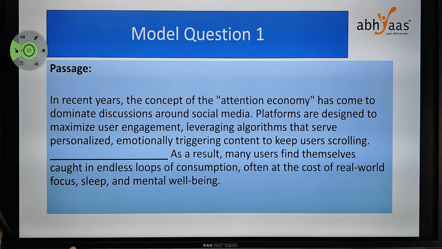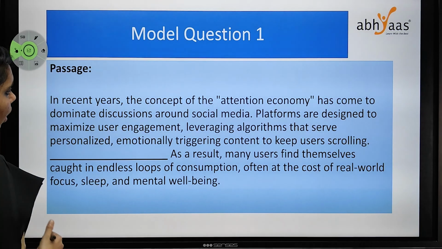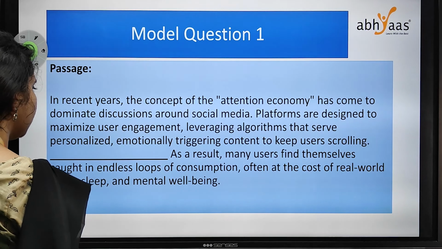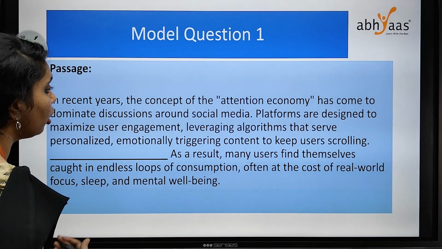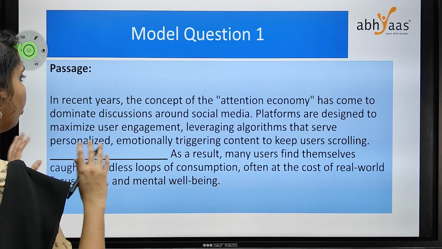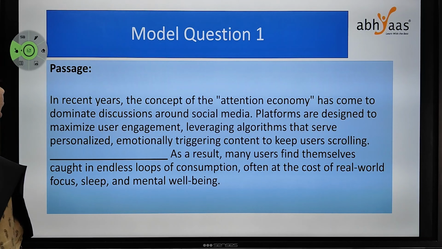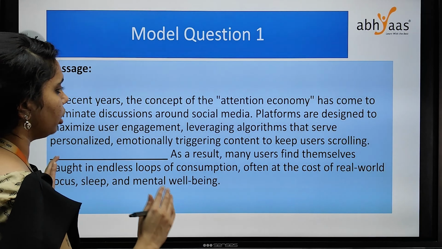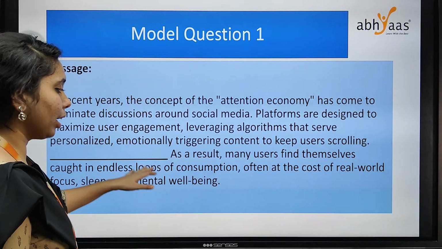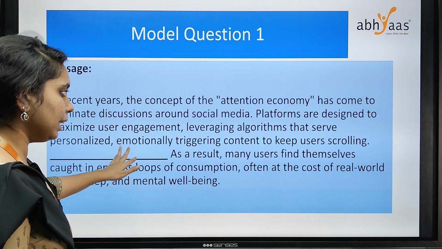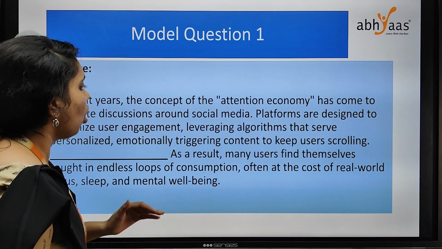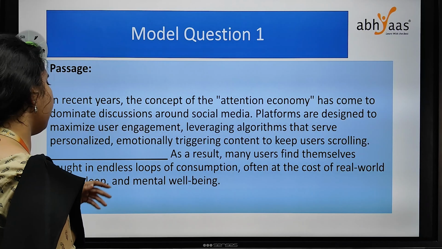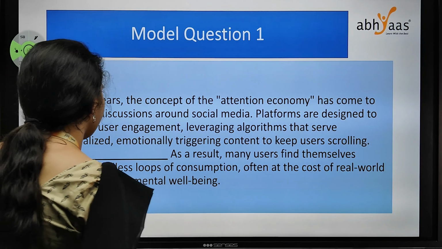In recent years, the concept of attention economy has come to dominate discussions around social media. Platforms are designed to maximize user engagement, leveraging algorithms that serve personalized, emotionally triggering content to keep users scrolling. This is a discussion about algorithms; an idea is being introduced here. Then, as a result, many users find themselves caught in endless loops of consumption, often at the cost of real world focus, sleep, and mental well-being.